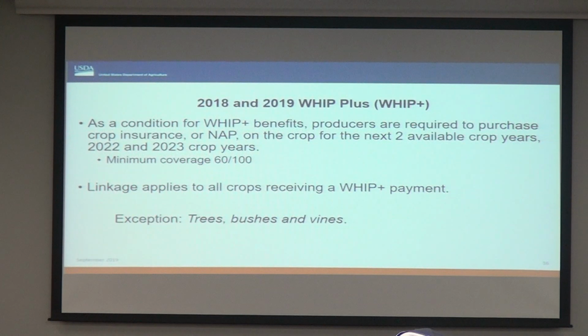If insurance was available on those, they do not have to purchase it under WIP Plus, like pecan trees. Under the prior WIP program, RMA did have a pecan tree insurance policy available. You were required to purchase that if you got payment on the trees. So that's no longer a requirement under WIP Plus.